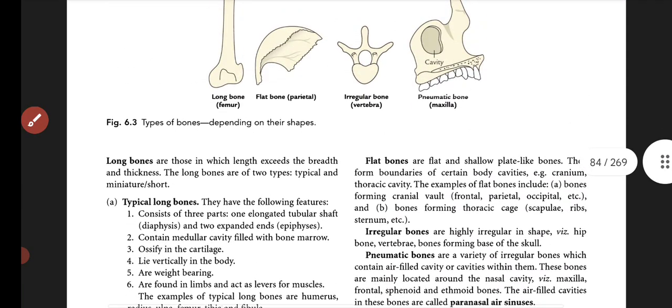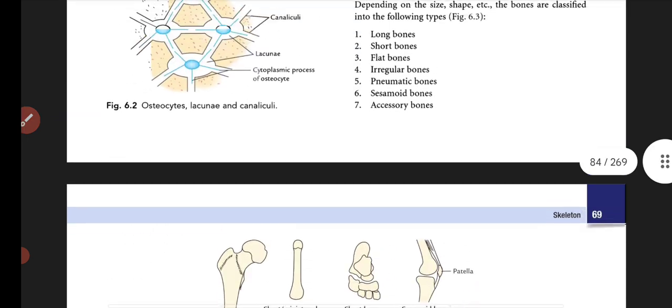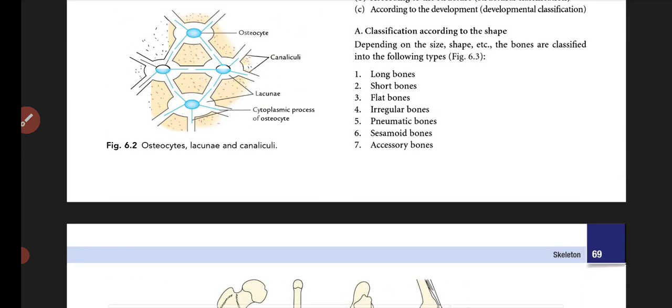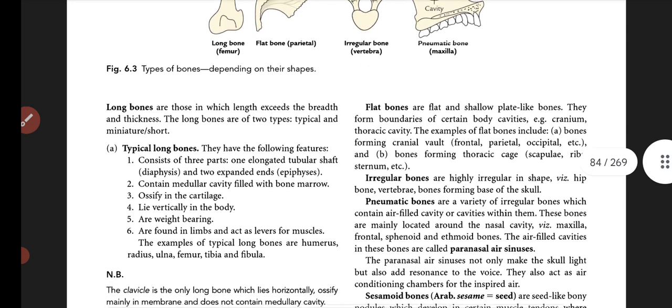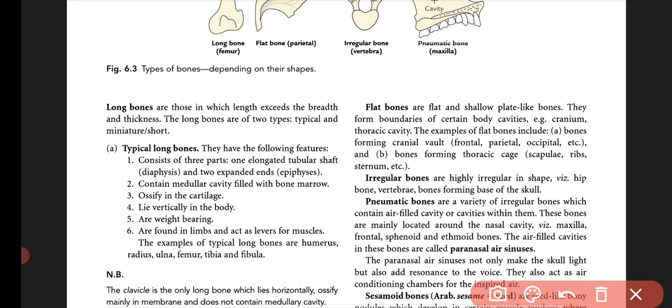Now the flat bones. Number three, flat bones. Flat bones are flat and shallow plate-like bones. They form boundaries of certain body cavities such as the cranium and thoracic cavity.